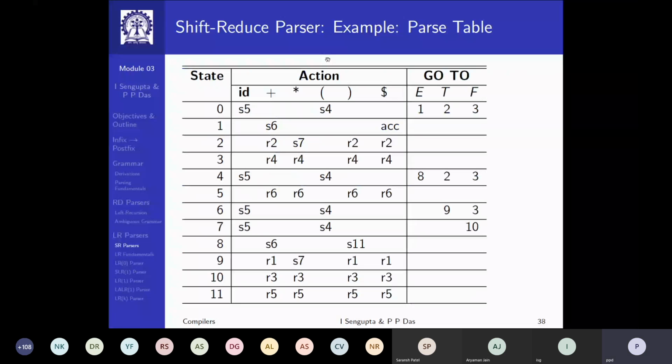Now, it is a DPDA. It has to be. So I need a parsing table, a PDA decision maker, wherein I can take two types of decisions.